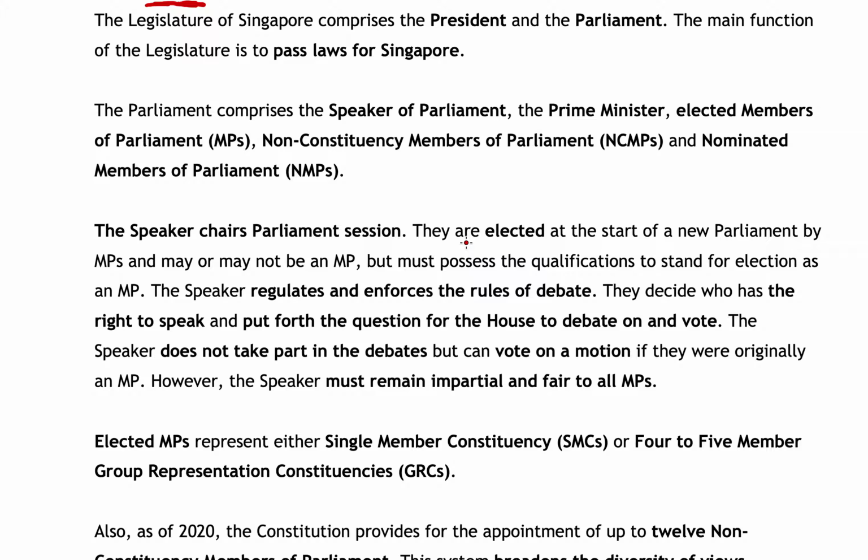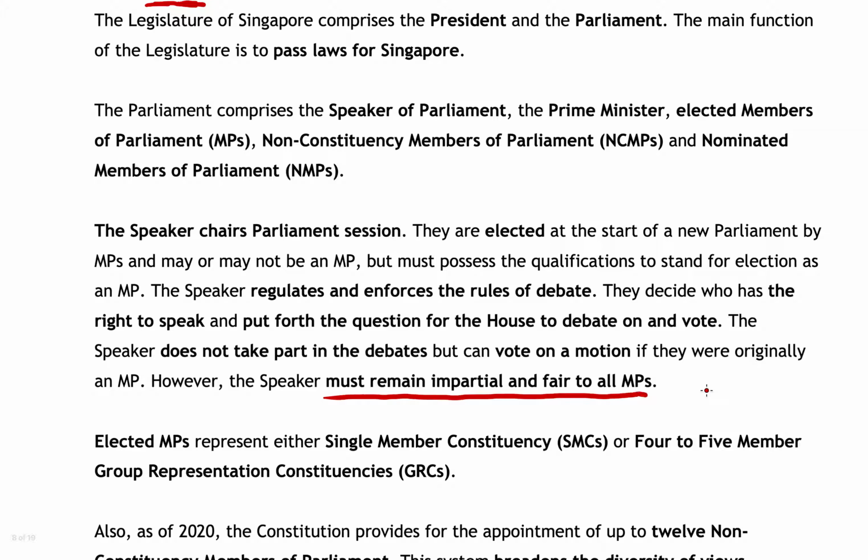But the key thing about the Speaker's role is that they must remain impartial and fair to all MPs, no matter if the Speaker is from the People's Action Party. It doesn't matter if there are MPs from the Workers' Party or any other opposition party. He must be impartial and fair, so he cannot keep appointing PAP MPs to speak and not care about the WP MPs or whichever other opposition MPs. He must be fair.